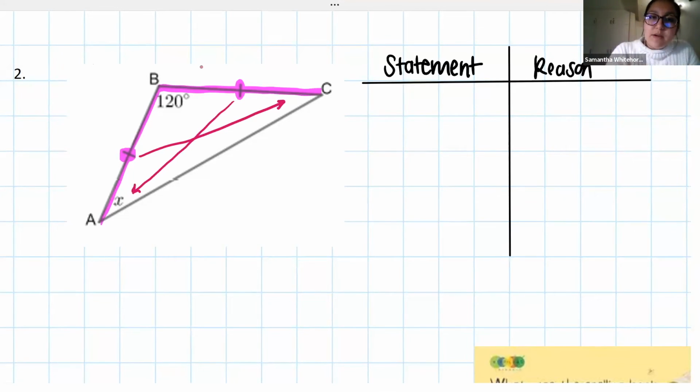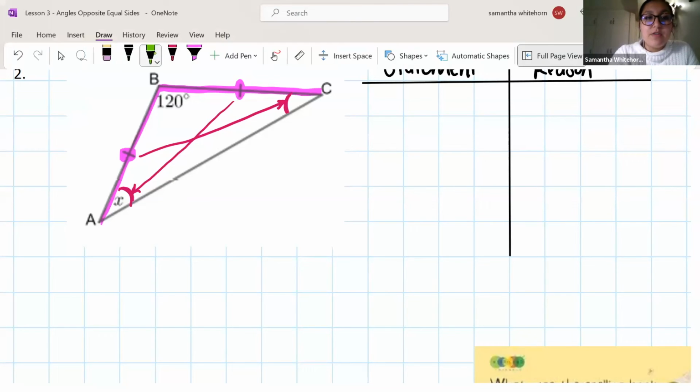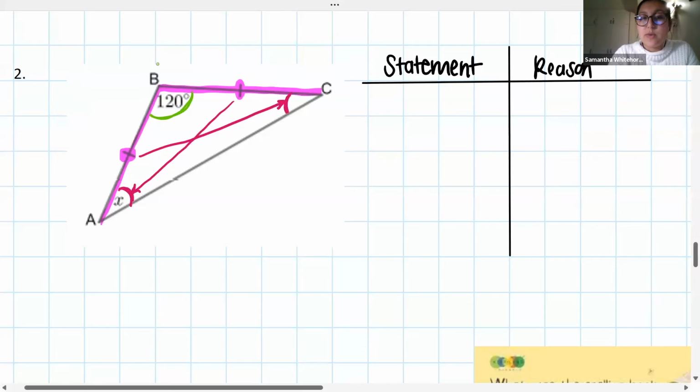But I don't know what angle C is. All I know is that it's equal to X. I have, however, been given that the angle at B is 120 degrees. So I just need to think a little carefully about how I can get to where I need to be.